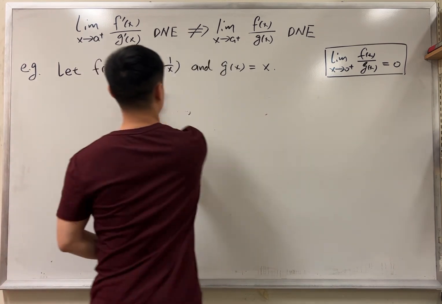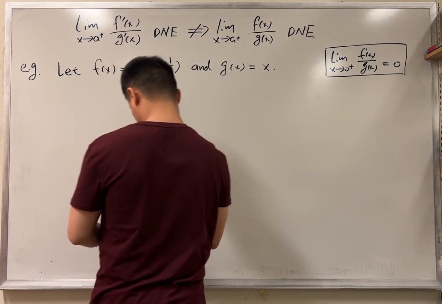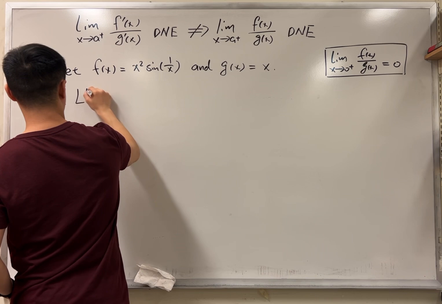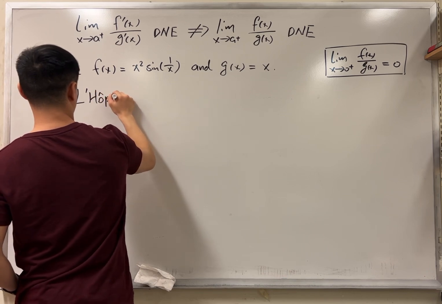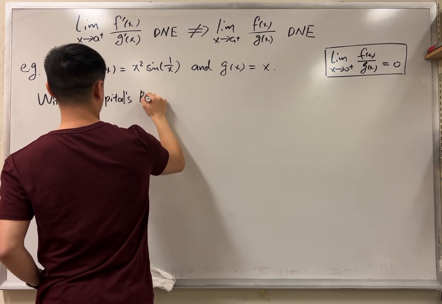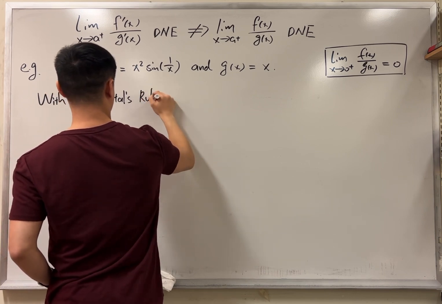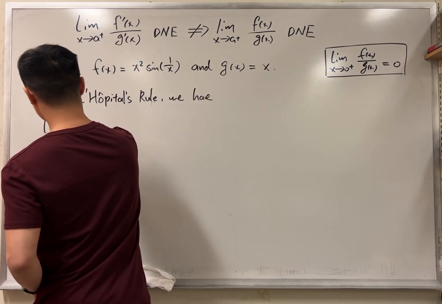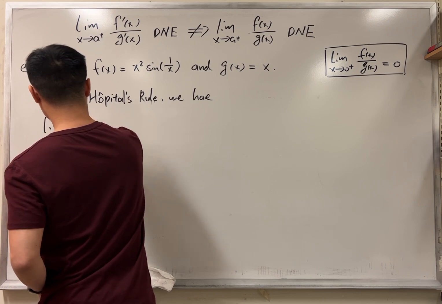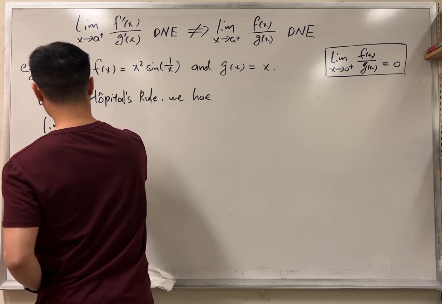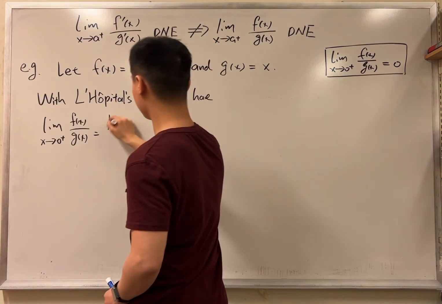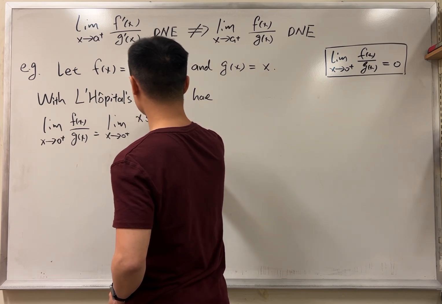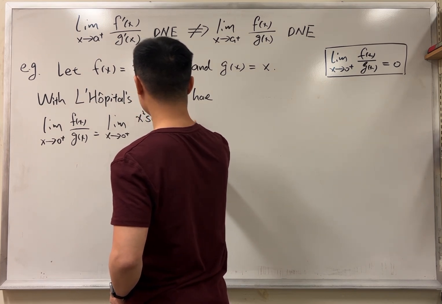Next, we will do it with L'Hopital's rule. With L'Hopital's rule, we have the same limit, f of x over g of x, equals the limit of x squared sine 1 over x divided by x.